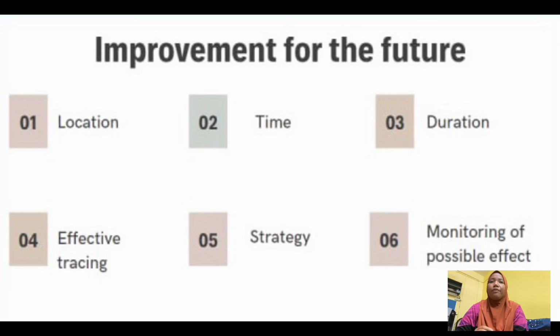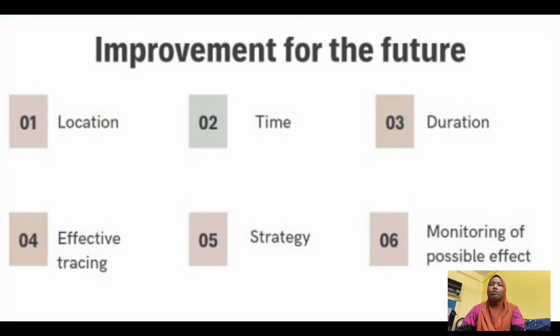Next are improvements that can be made in the future, such as scientists improving where they want to perform the experiment and the time to perform the experiment. They need to choose the best time, the best season, so that they can get the best result for the experiment, and also the duration for how long they want to carry out the experiment.